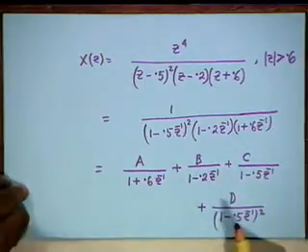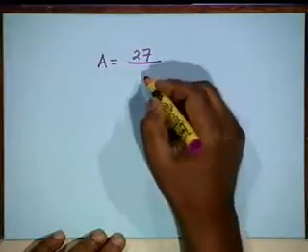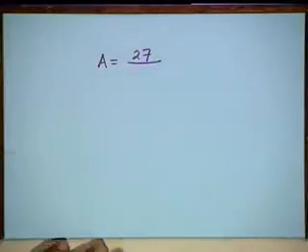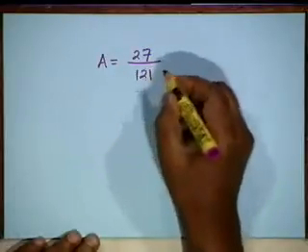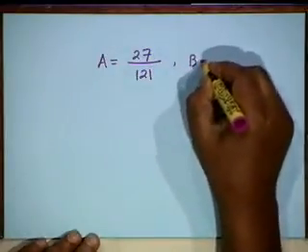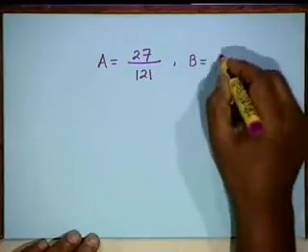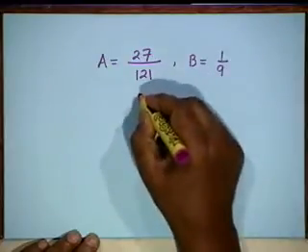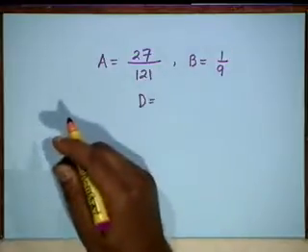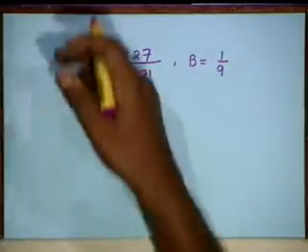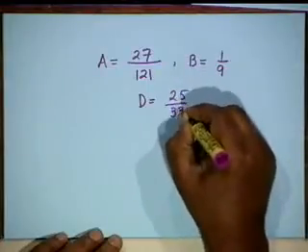Okay. I have done this and the results are as follows. Capital A, please do verify this, I do not vouchsafe for their accuracy, divided by 121. B is 1 by 9. D also you can calculate, in my case it comes to 25 divided by 33.